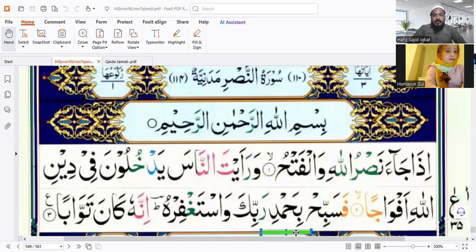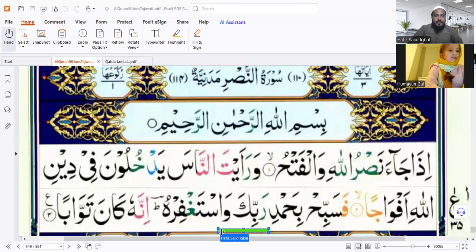Same method, always. Bihamdi, chapter number 110. What happened? Bihamdi. Now repeat two words together. Fasabbih bihamdi. Good job.